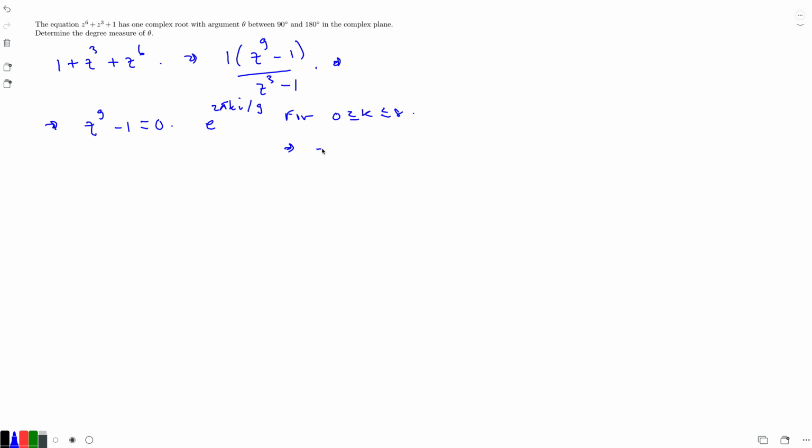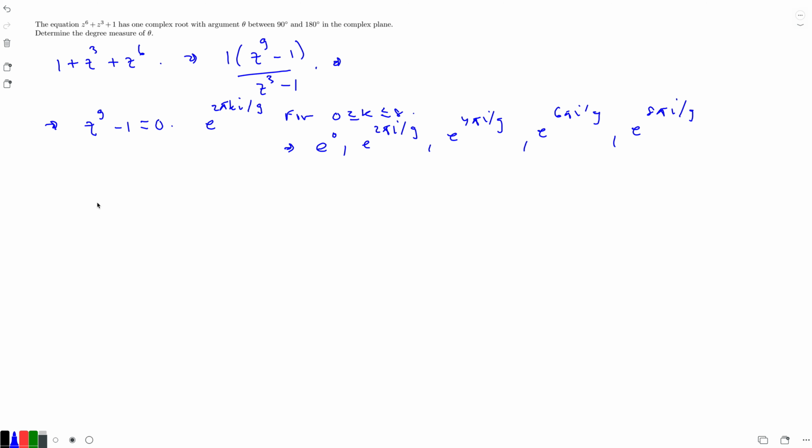We can have, of course, e to the power 0, e to the 2 pi i by 9, e raised to the power 4 pi i by 9, e to the power 6 pi i by 9, and e raised to the power of 8 pi i by 9. And I don't need to list e to the 10 pi i over 9, because 10 pi over 9 translates to 200 degrees, and we need to look for something between 90 and 180. So we'll stop over here.